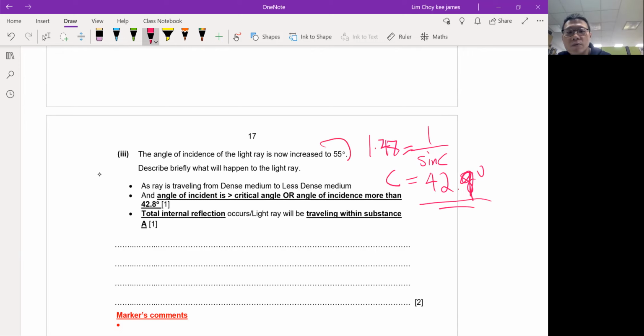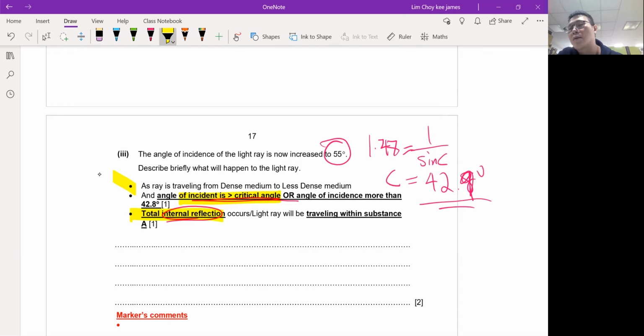So when I increase to 55, 55 is definitely more than the critical angle. Because of that, I know the total internal reflection will occur. Same thing, the standard three phrases for explaining total internal reflection: you have to tell the marker it is from dense to less dense, it's always more than the critical angle, and because of that, total internal reflection occurs. These are the 3 sets of keywords.